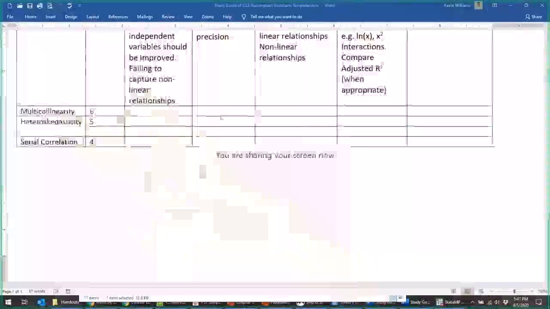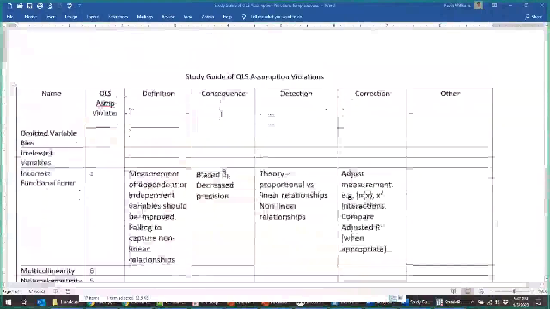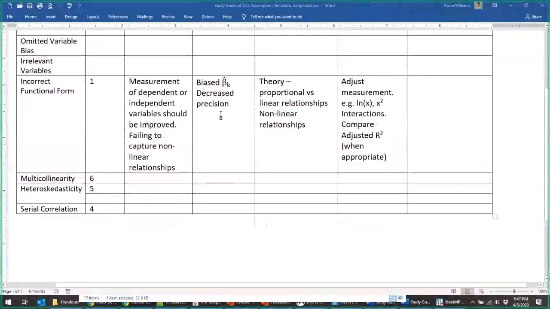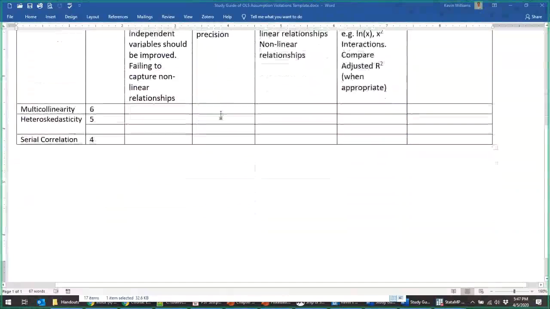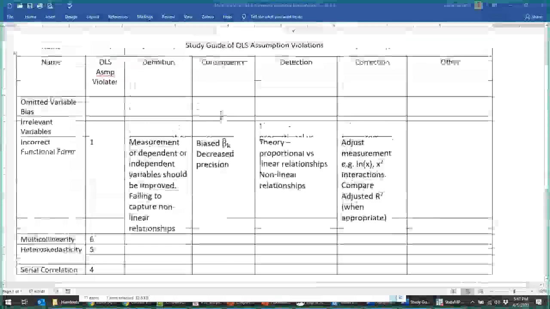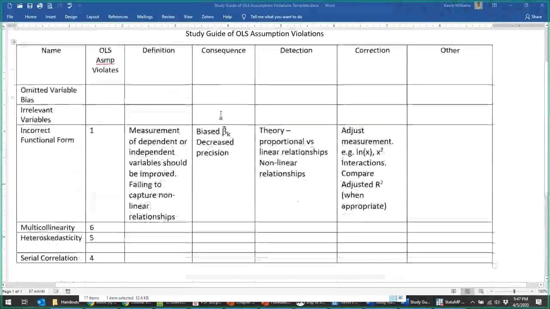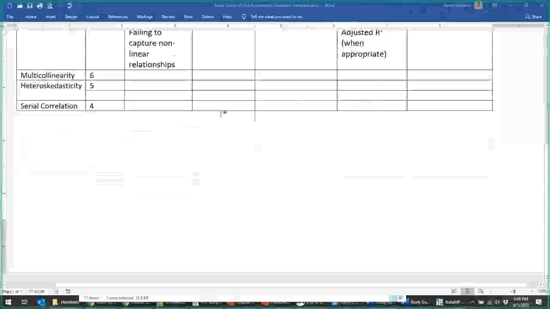So I'm going back to our handout that's been our guide for the rest of the semester. We took a slight detour when we did difference in differences last lecture. So this is a list of OLS assumption violations, and when we do the appropriate lecture, I'm filling in the appropriate section. So today we're going to be talking about heteroskedasticity.